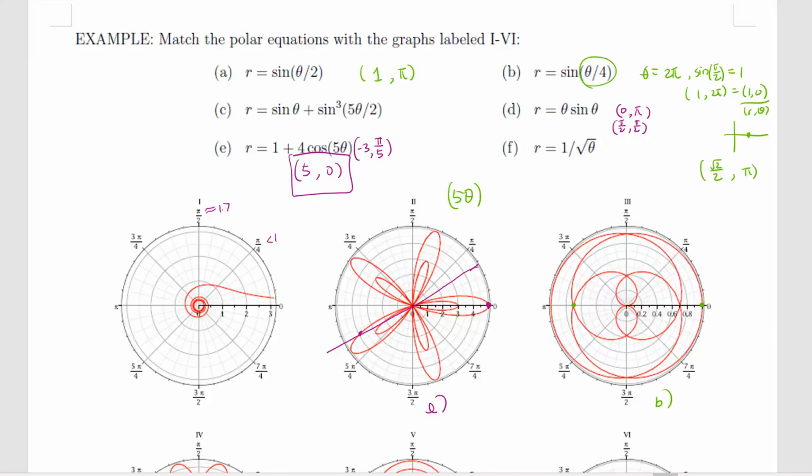So 1 is somewhere here, and you can see the points here. It passed through 1, 1. And when your theta increases, your R actually decreases. So that's why we know F is the first picture.